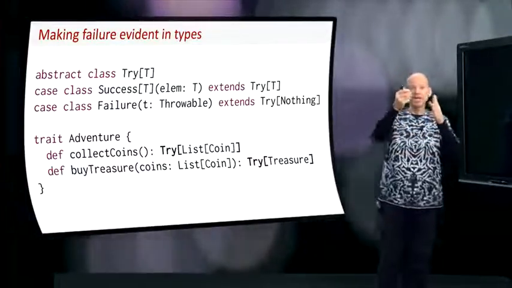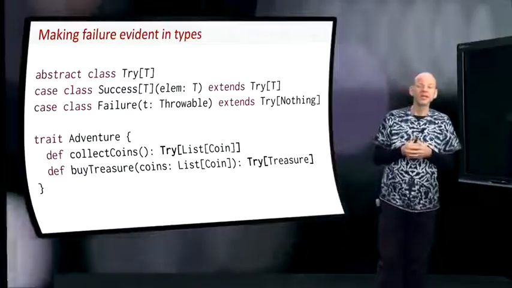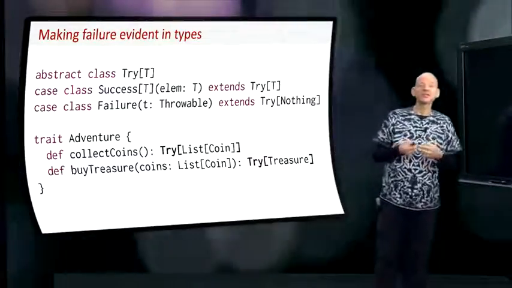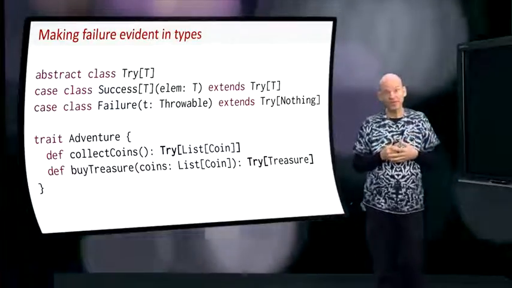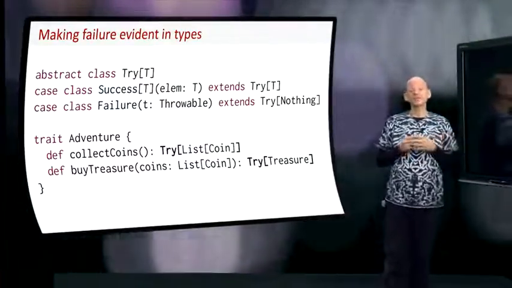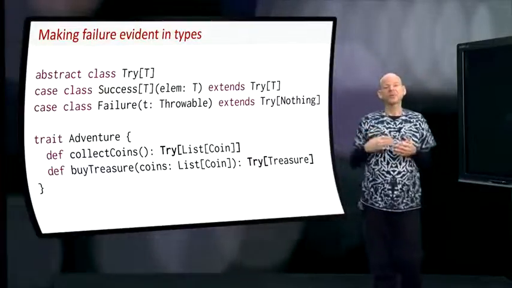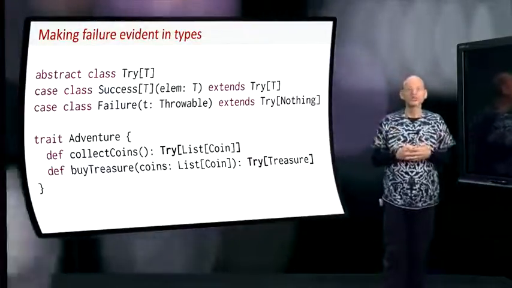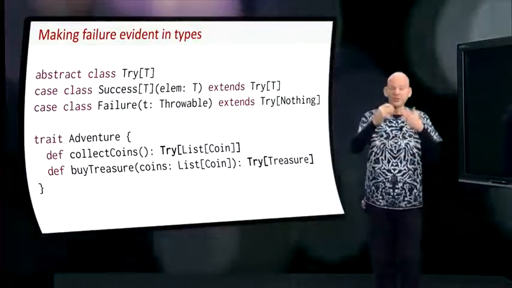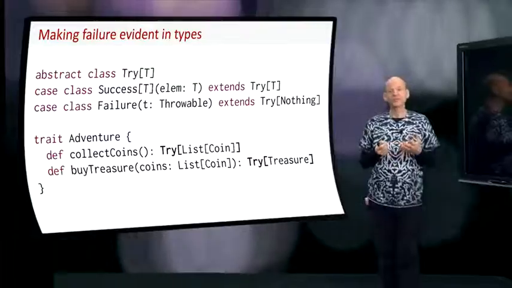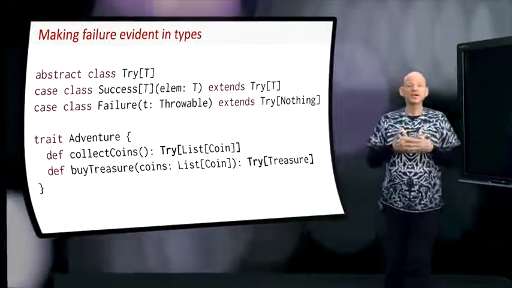So as you see, this type is like a union type that expresses the fact that a function that returns a value of Try of t can either successfully return a value of type t or fail with an exception of type Throwable.